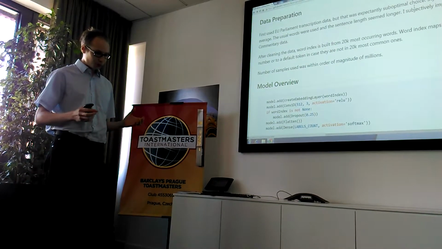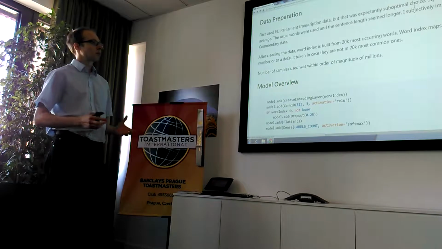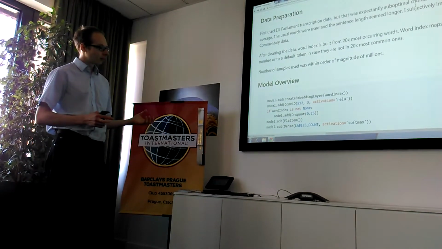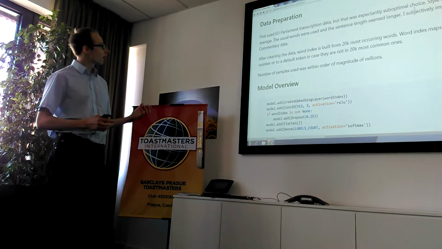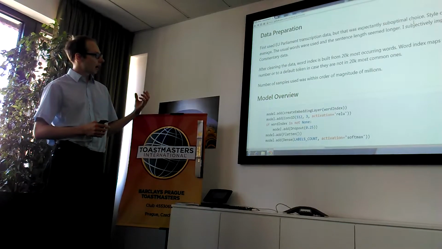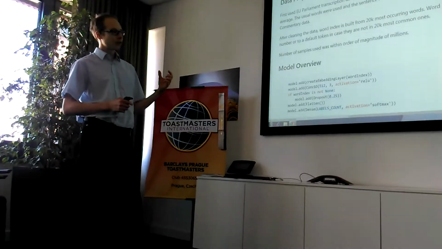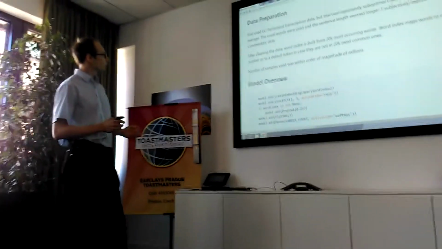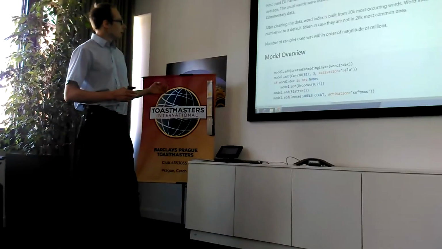To train the network, you need quite a large amount of text. I actually trained it on around 5 million samples, 5 million 30-word samples. So that's quite a large amount of text.